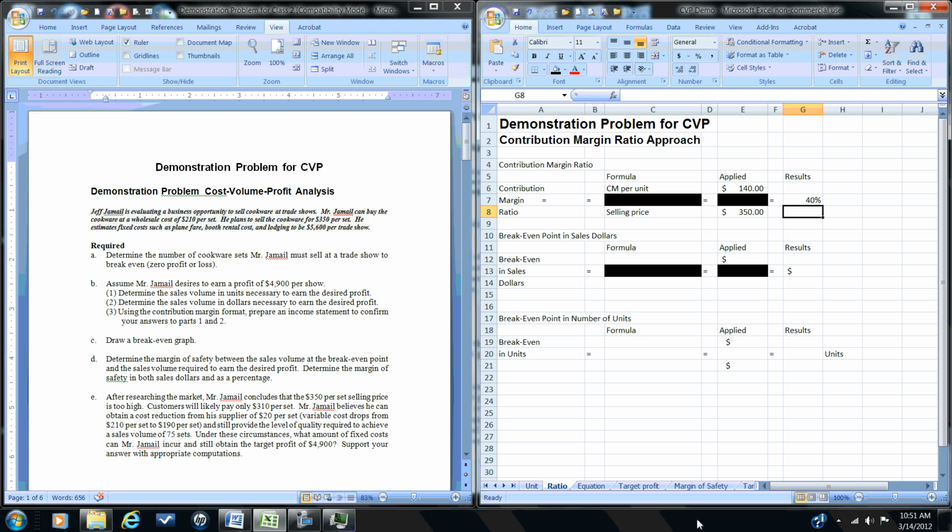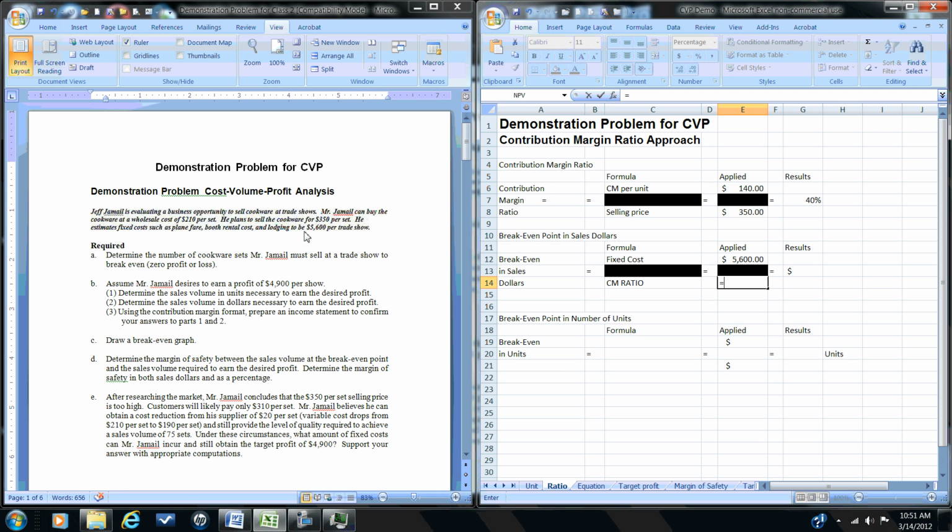All right, now we can use the CM ratio to determine the break-even point in sales dollars. Our formula for this is going to take our fixed cost and divide it by the contribution margin ratio that we just determined. In the problem, we're told that the fixed costs are going to be $5,600.